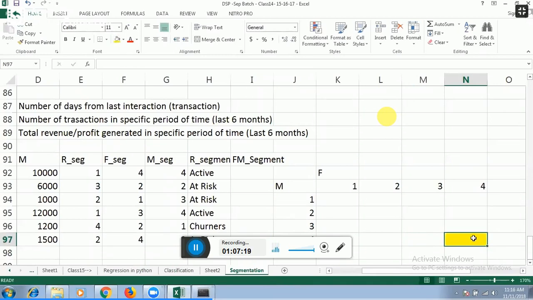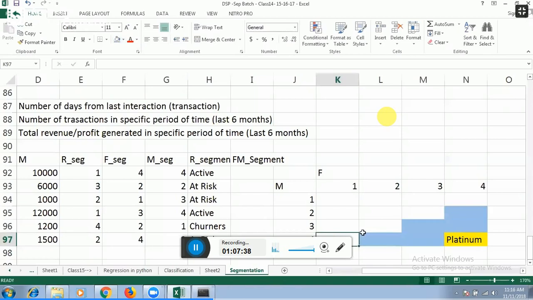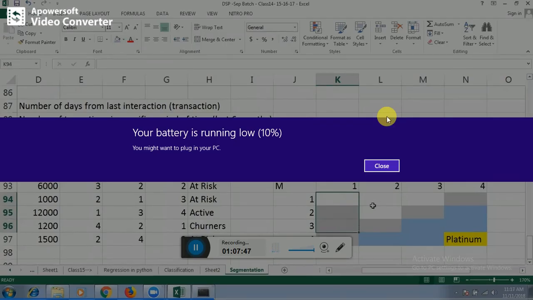My frequency may be 1, 2, 3, 4, and my monetary 1, 2, 3, 4. If both are high, probably I can call these guys platinum customers. Maybe one of them is high and the other is low, this one probably I will call gold customers, or this one I call silver customers. And these customers I can call standard customers.